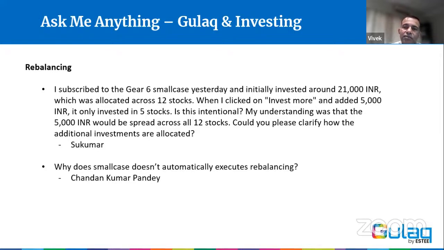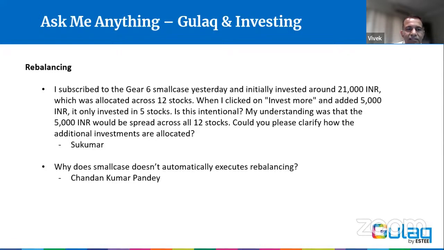What we mean by model error is it's not going to behave exactly like the model that we have suggested, which means there could be positive error or negative error, slightly better than the model returns or even worse. So that is random in nature, but that error is going to be there. But from next month onwards, it's going to exactly mirror the portfolio that we have suggested. And that's the way it works.